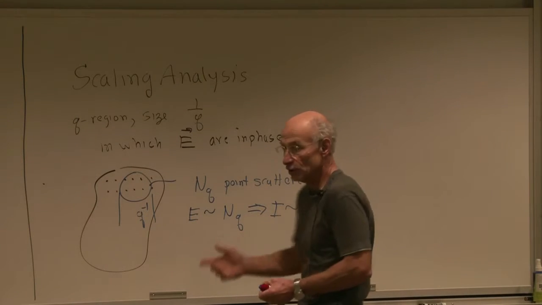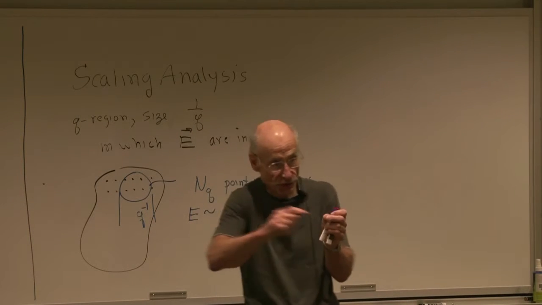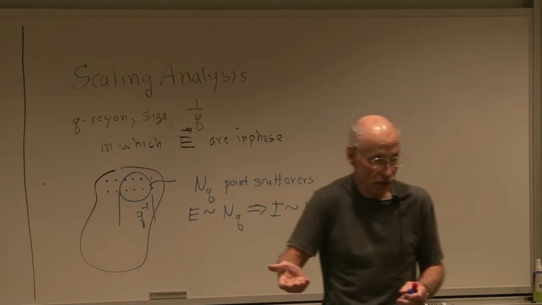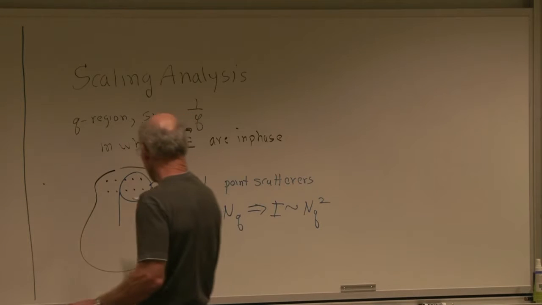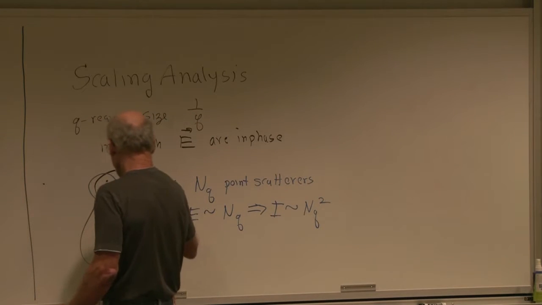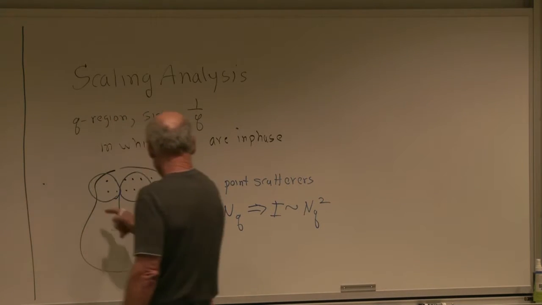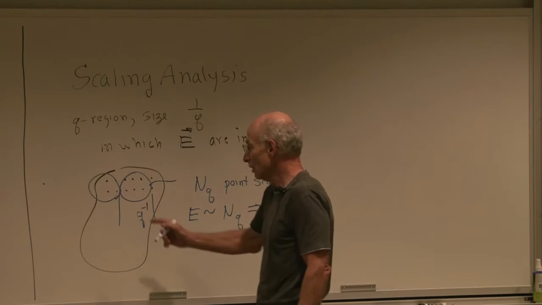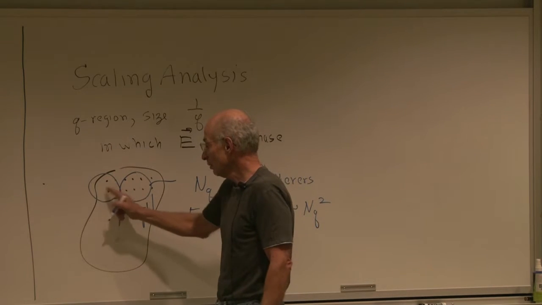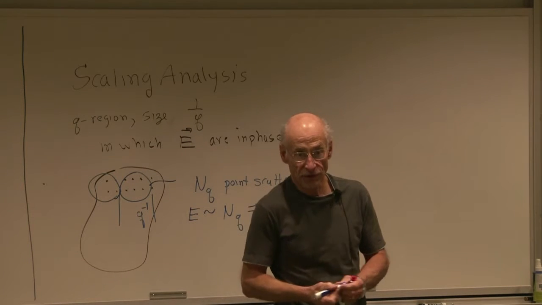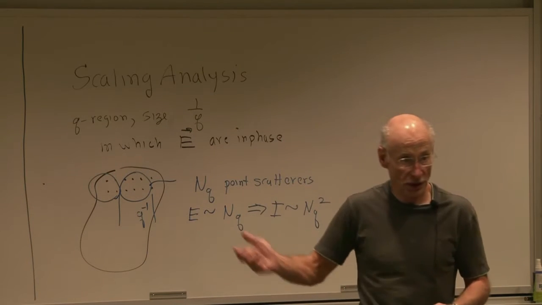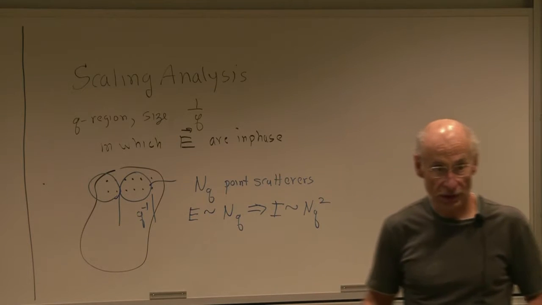Now, I want to move this Q region around. Just with this, remember with the slit, we had a whole series of 2 pi over Q regions. Let's throw a whole bunch of Q regions across this. So I'm going to put a second one over here. Okay, it's the same size, so I'm going to do the same argument. But let's remember from the slit, once we start getting bigger than inverse Q, we start finding phasors that are out of phase with the ones that are next door. Remember that?